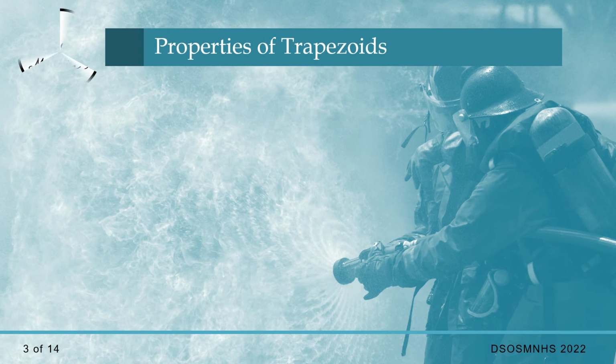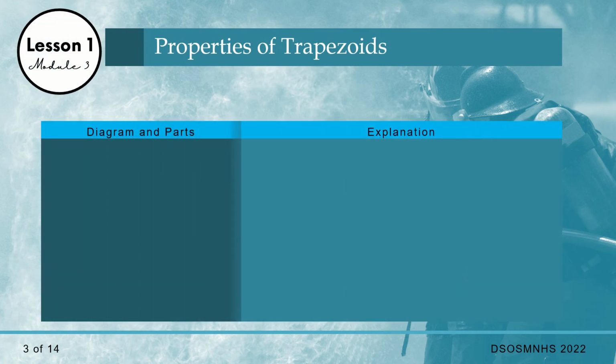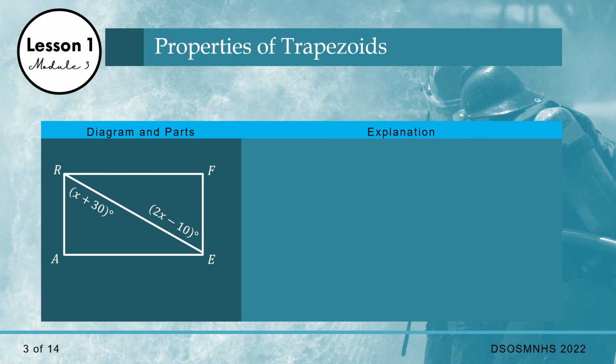example as part of the recap of special parallelograms. We have here a diagram of a rectangle and one diagonal. And the given are the following. Angle ARE is represented by x plus 30 degrees and angle FER is represented by 2x minus 10 degrees.